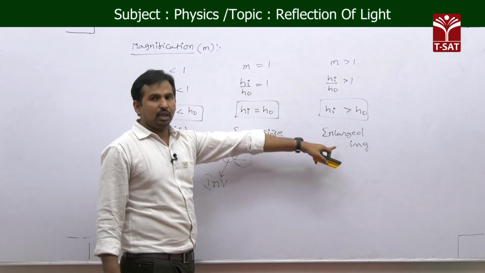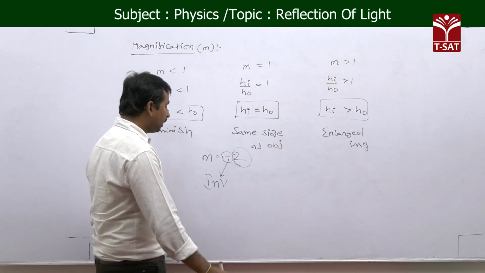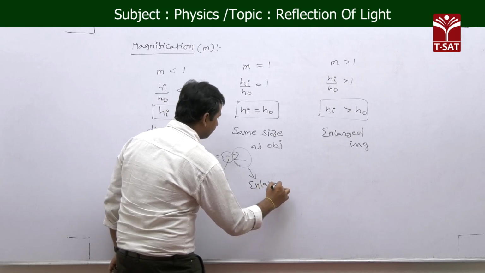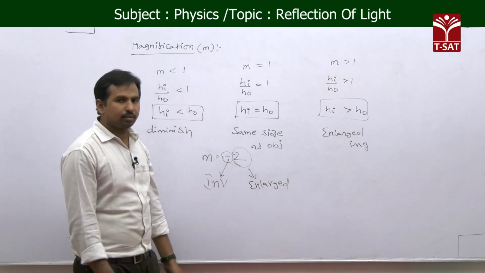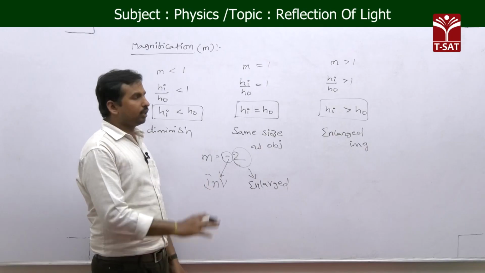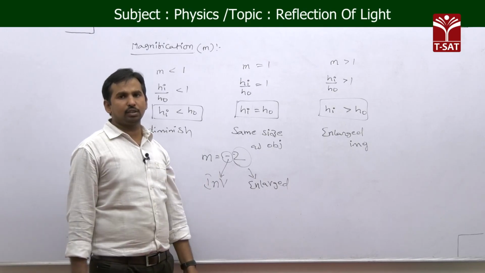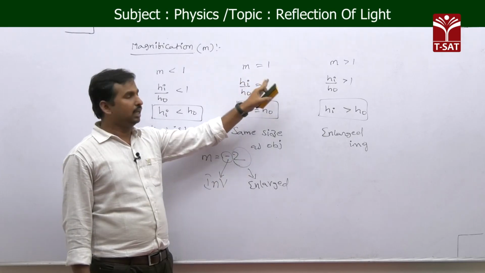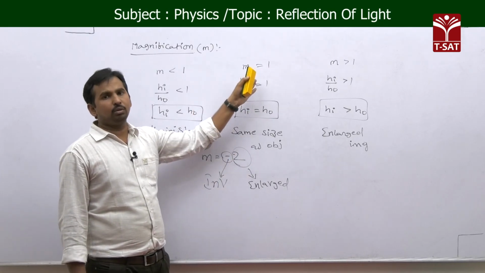So that is an enlarged image. We get an inverted and enlarged image here. Now you understand how to take the cases of magnification, where m is a magnification factor greater than 1, less than 1, or equal to 1.